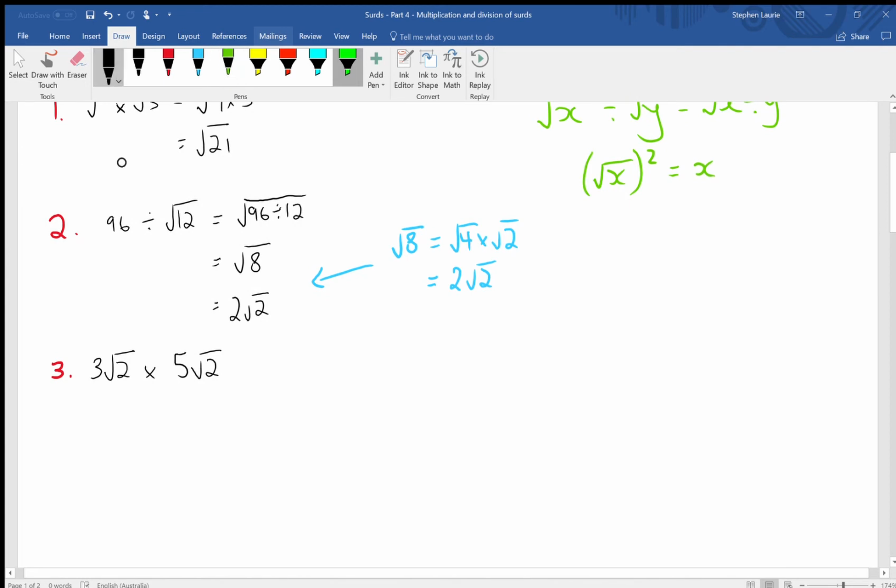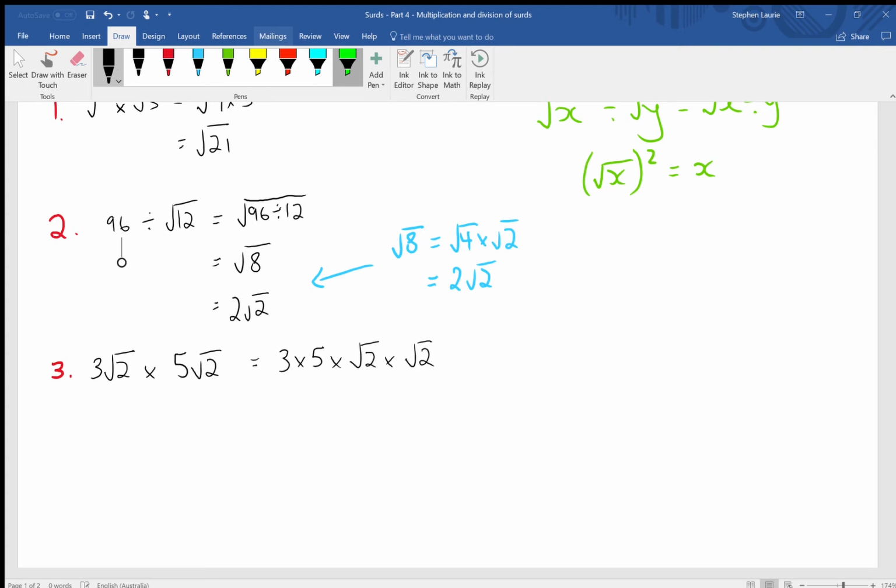Now, going back to example 3, let's first multiply the numbers that aren't under a square root. So remember, we can rearrange multiplication in any order we want. Let's do the 3 times 5 first. That's 15.